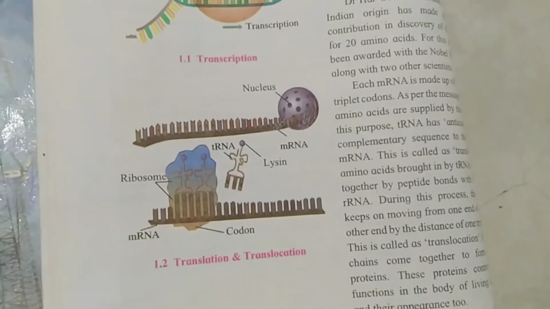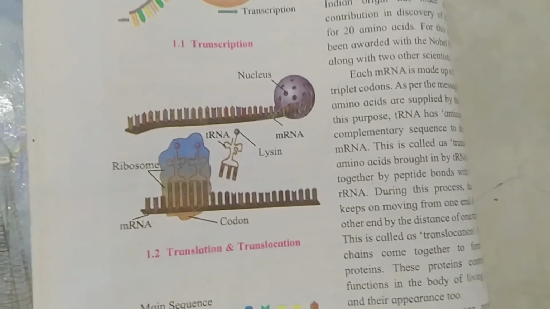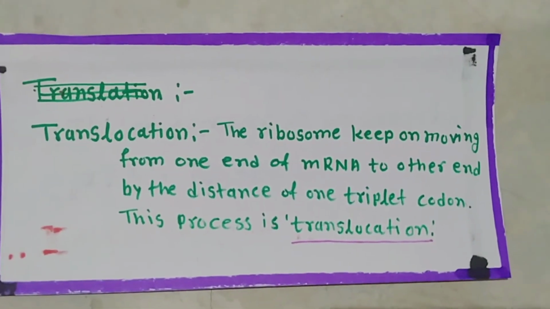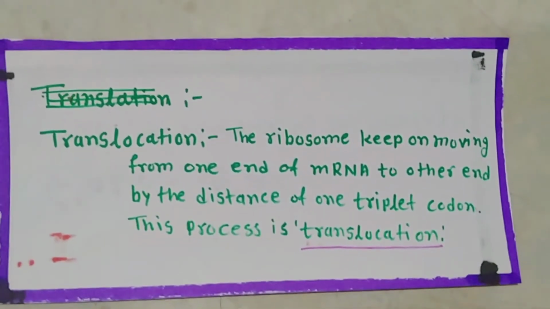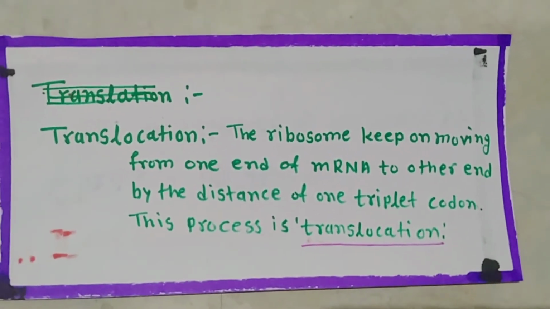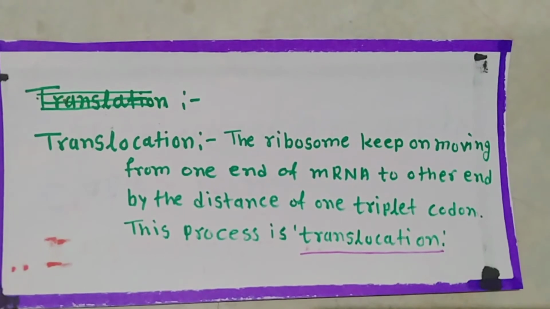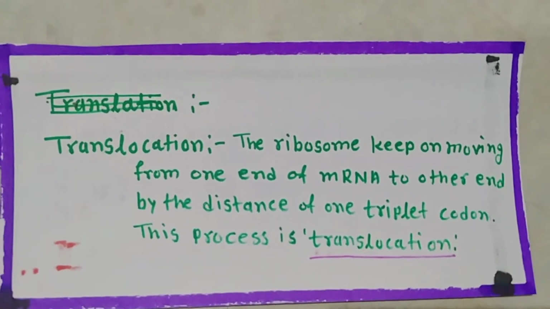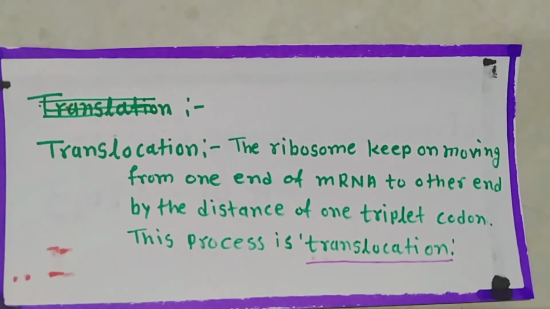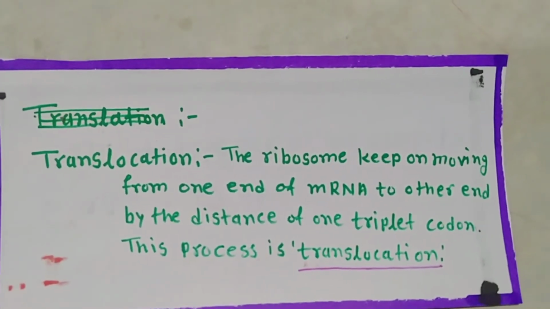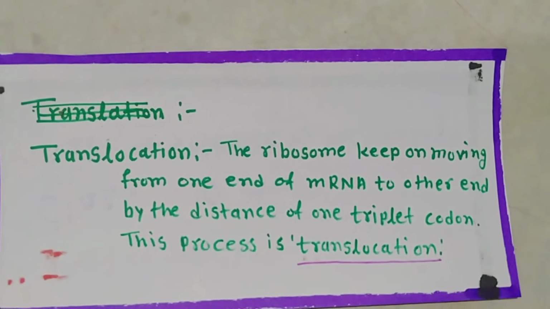And now we learn translocation. The ribosome keeps on moving from one end of messenger RNA to the other end by the distance of one triplet codon. This process is called translocation.